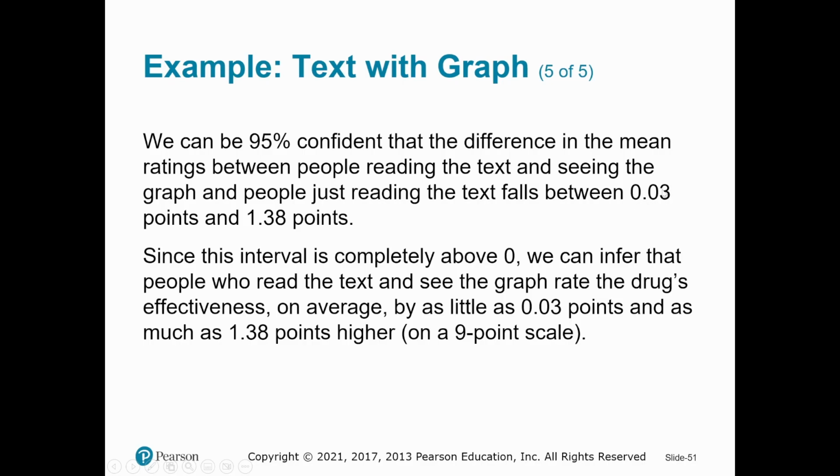But basically, if we were to perform this experiment 1,000,000 times, the bounds of this interval would vary, but 95% of the time, these bounds would capture whatever the true difference in the population means really is. We hypothesize it to be 0.